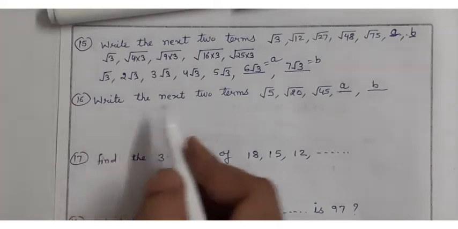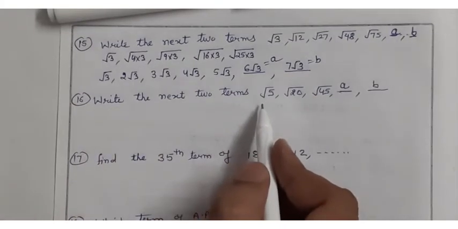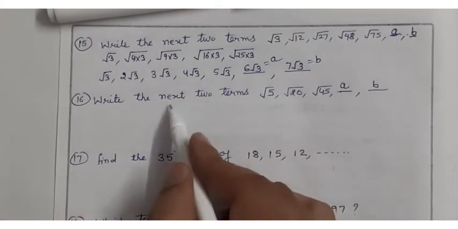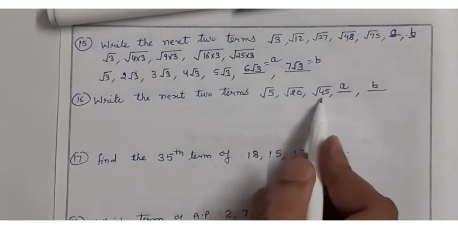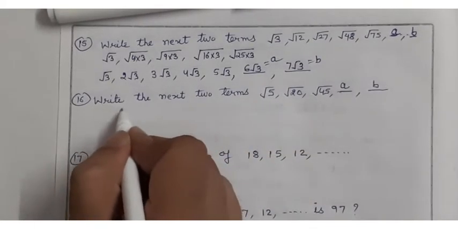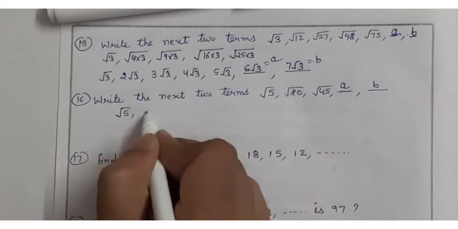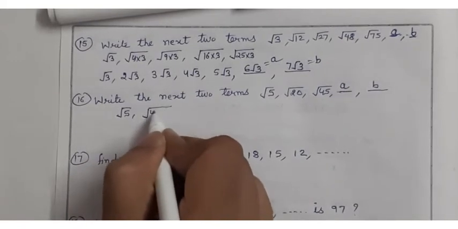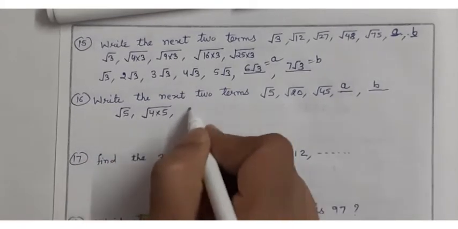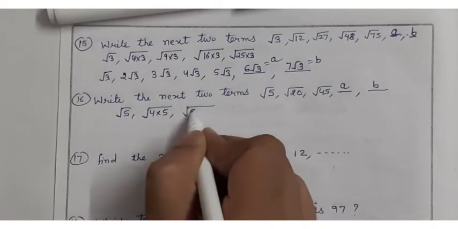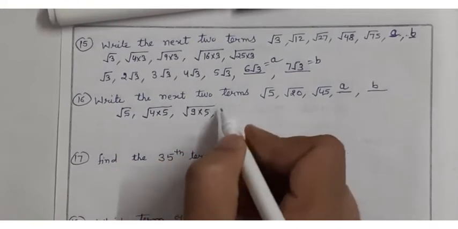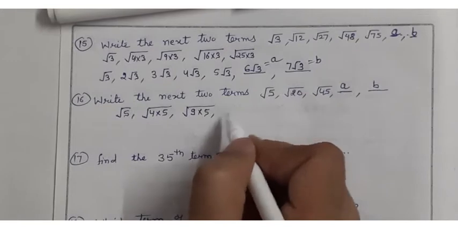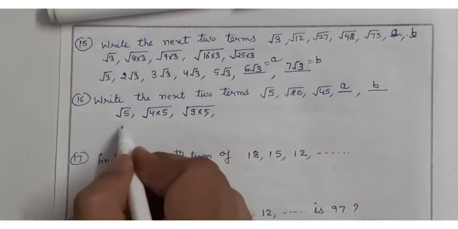Once again we are doing the next one. See question number 16. We have to find the next two terms of root 5, root 20, root 45, like this. So root 5 is this. 20 is there, no? I can write 4 fives are 20. Then 9 fives are 45. Then let me see what the sequence is.